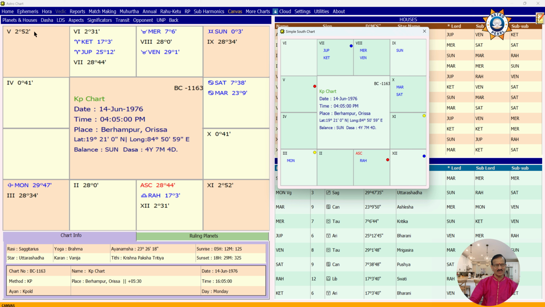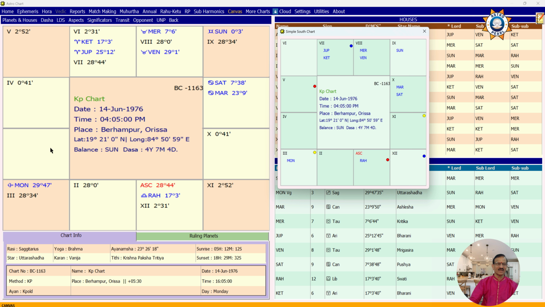The 6th, which was somewhere here in the Bhavchalita traditional, has moved here because there it was at 28 degrees, here it has only 2 degrees. The difference is of only a couple of degrees, but because the sign has changed, it has moved to Aries. So as I was mentioning in the beginning of this video, the 6th house and 7th house are both in Aries. Similarly, the ascendant and 12th house are both in Libra.